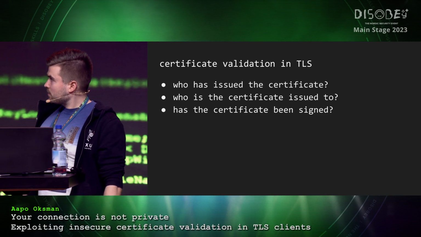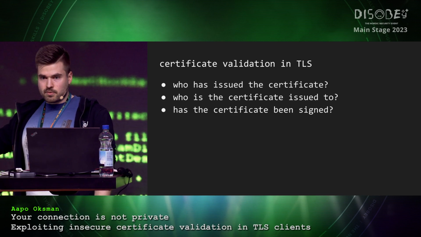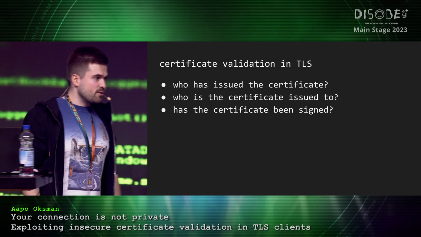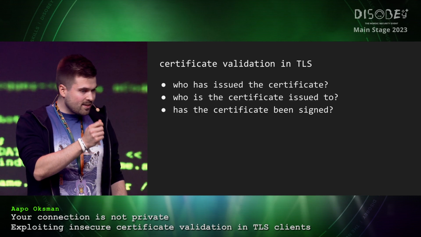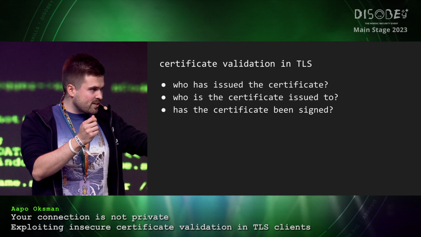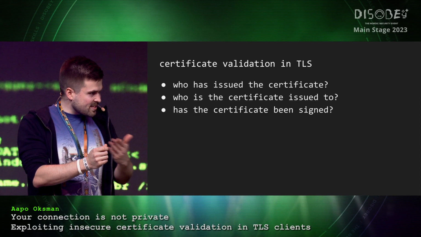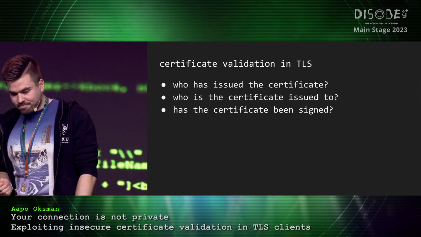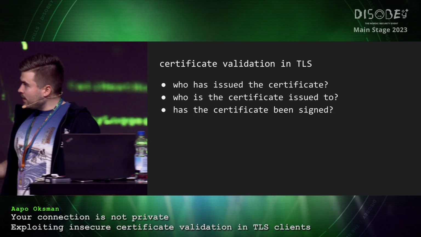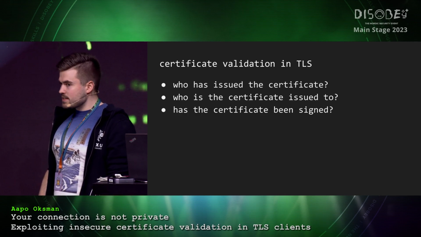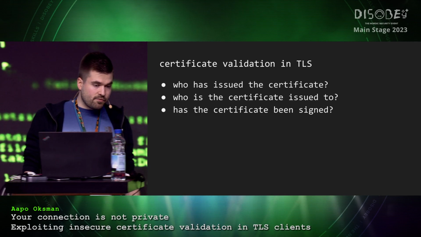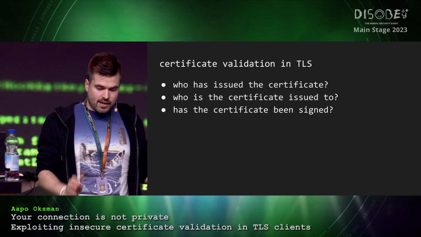And we want to check who the certificate is issued to. This is kind of what you do at the bars. You look at the picture and you look at the 12-year-old kid and you check, doesn't look like the picture. And that the certificate has been signed. So is it just a forgery that says something like this?